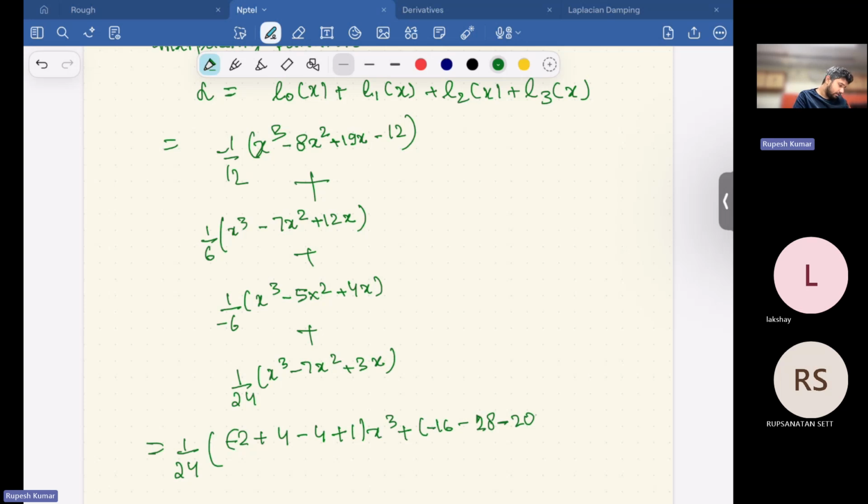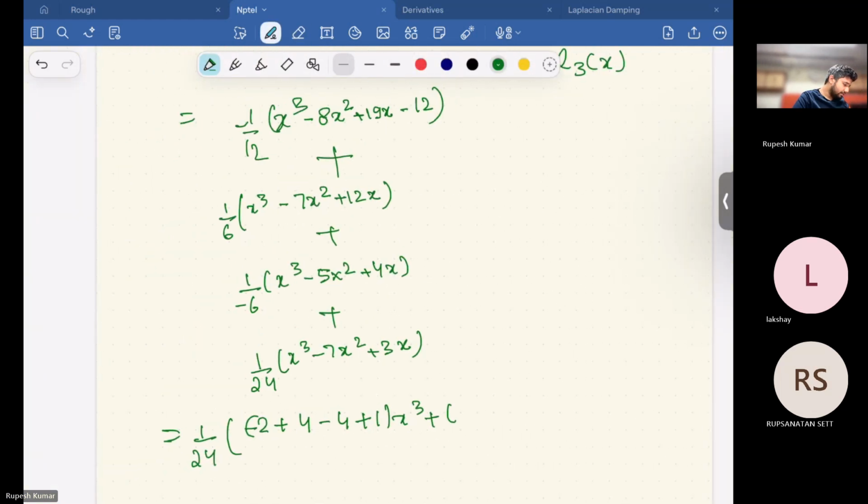Signs are the same. Wait a second. Okay, I messed up the signs here, so let me correct them.